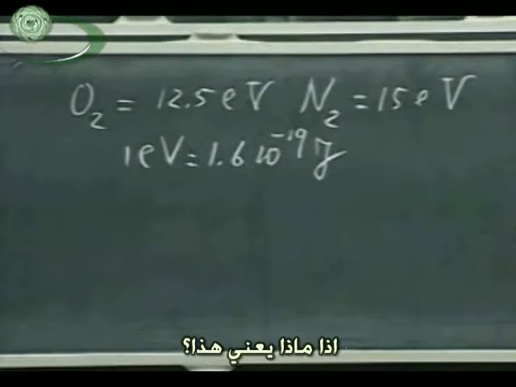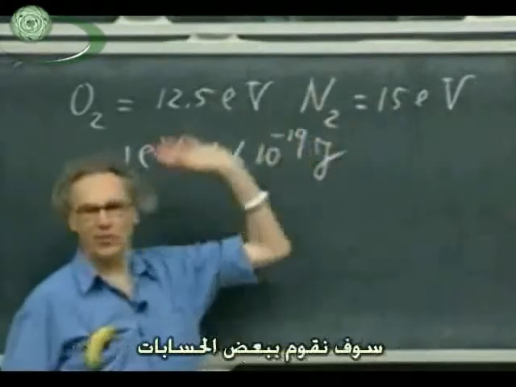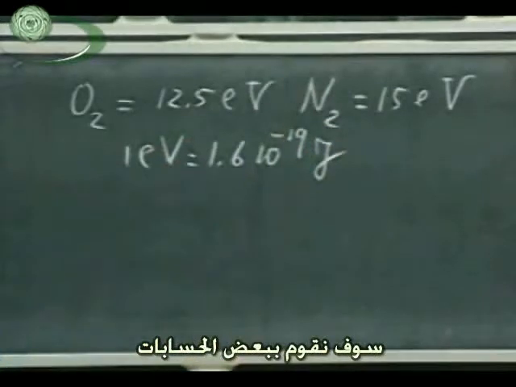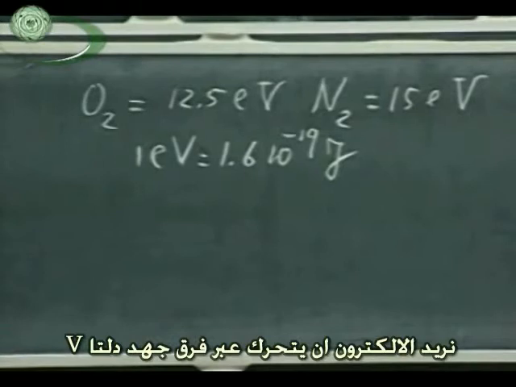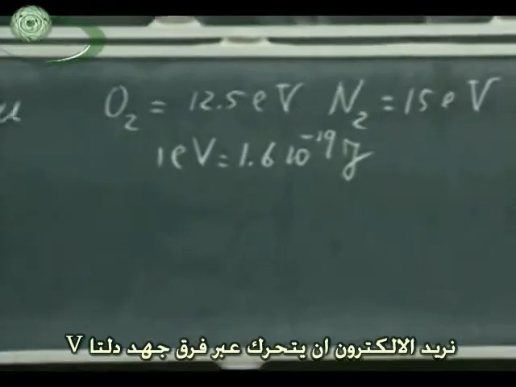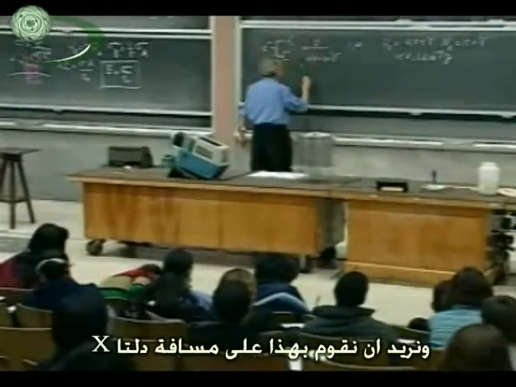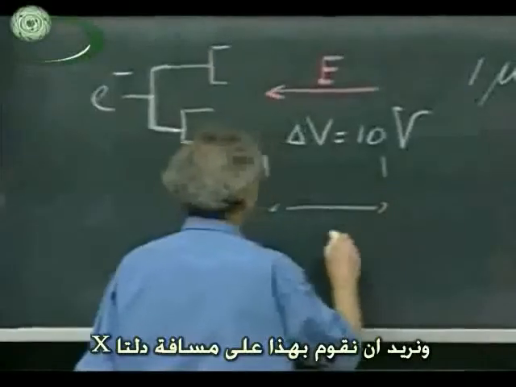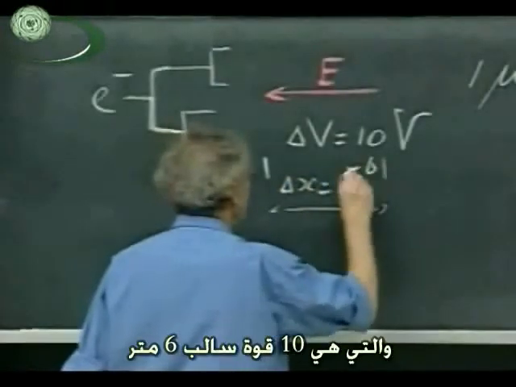And so, what it means then, let's assume that this number is 10 electron volts. So we only want a back-of-the-envelope calculation. So we want the electron to move over a potential difference delta V, which is roughly 10 volts, and we want it to do that over a distance delta x, which is 10 to the minus 6 meters. That's your 1 micron.